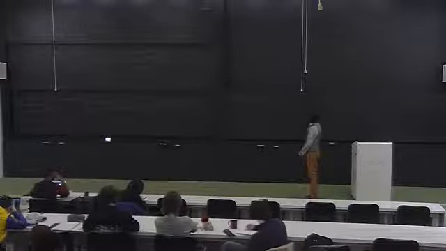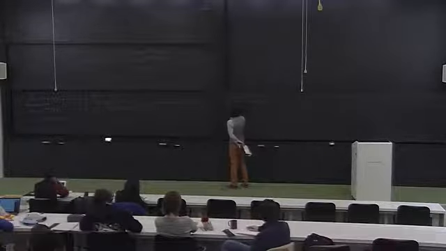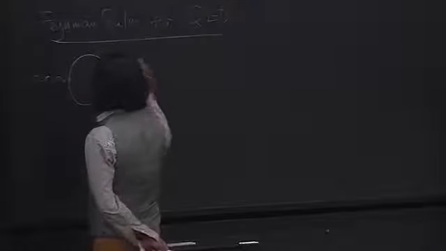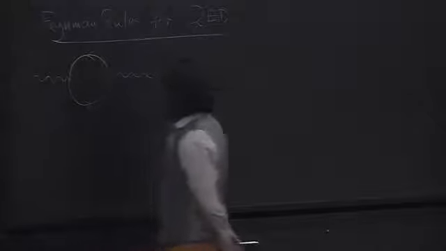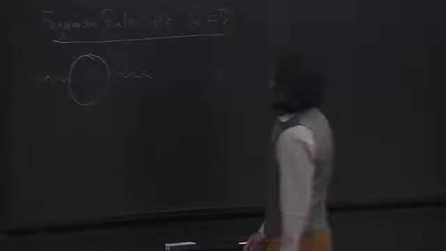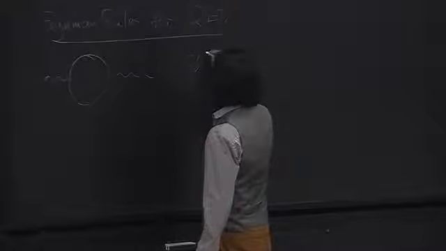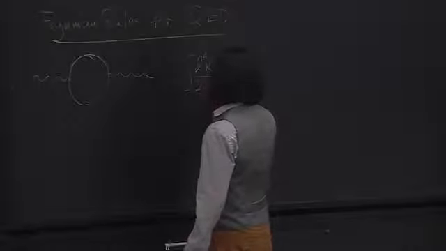One thing that we learned from the tutorial was that if you have a fermion loop in some Feynman diagram, then for each fermion loop, you introduce a momentum integral.